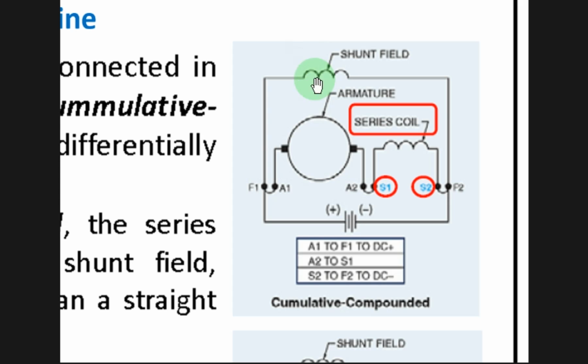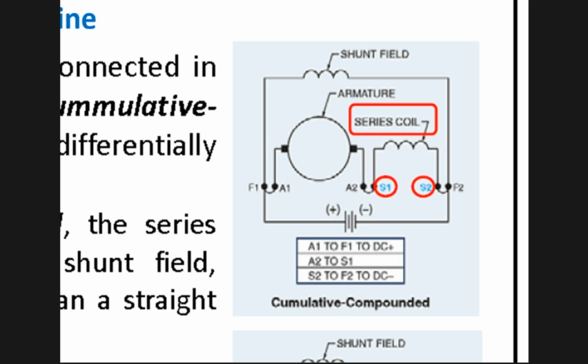In that case, for example, S2 is connected to F2, and S1 is connected through the armature to F1. So this is called cumulative compound, right? The two fields created by this one and this one are adding together.